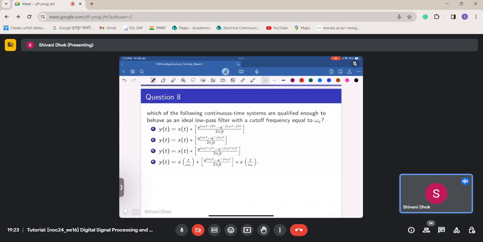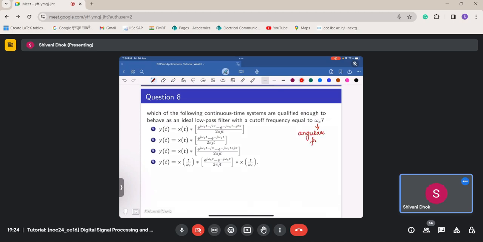Okay, so this question says, which of the following continuous time systems are qualified enough to behave as an ideal low pass filter with cutoff frequency equal to omega c, and this omega c is angular frequency.